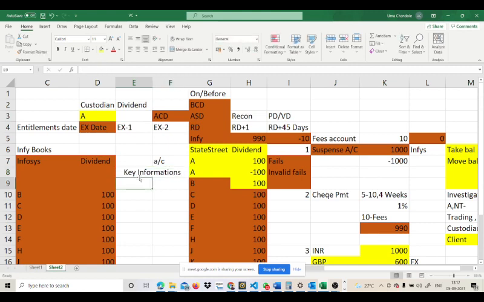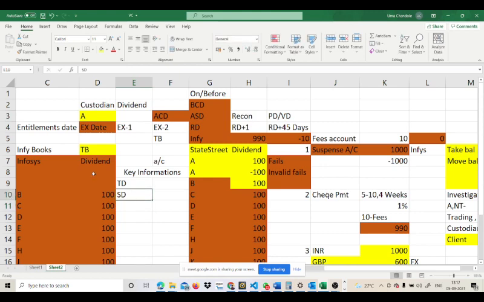The key information is like trade date, right? Because here also, we have two trade books, this is a trade book and this one is also a trade book, the State Street trade book. So you can match the positions by the trade date as well. That is why we should know the trade date. Then settlement date is also important, trade date and settlement date.